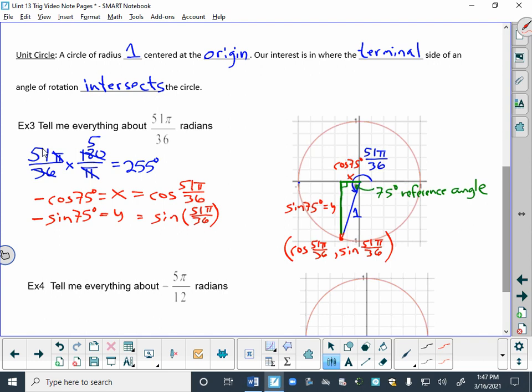My cosine of 51 pi over 36, just so that you can check this as well, is negative 0.2588 and some other numbers. And my sine of that same angle is negative 0.9659. Okay, so use your calculator, check that you get those.